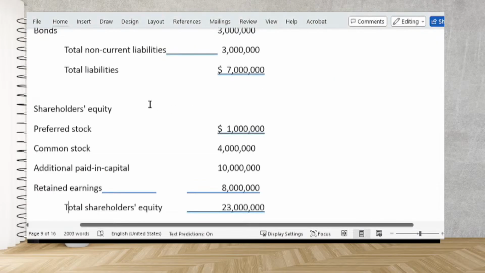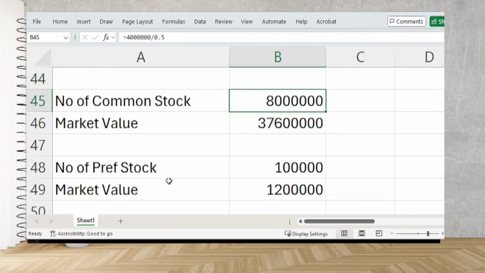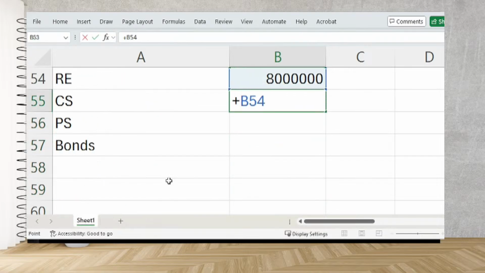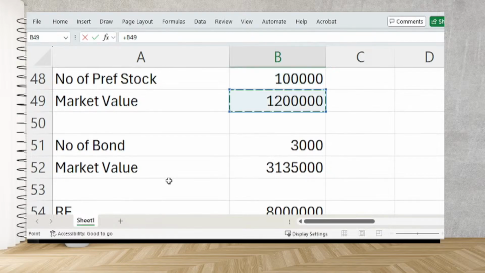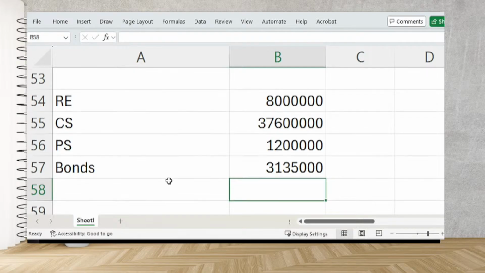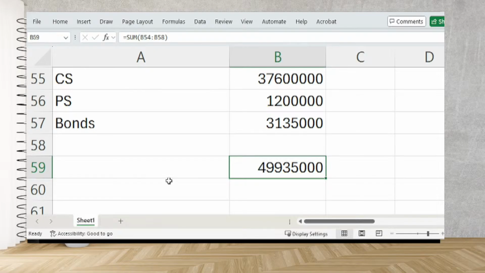I picked up the retained earnings they gave, and then I need to consider the balance sheet like a market valuation. So common stock is basically 37.60. Then preferred stock is 1.2 and the bond is 3.13. So this is my total constitution of the capital, which is 41.93.